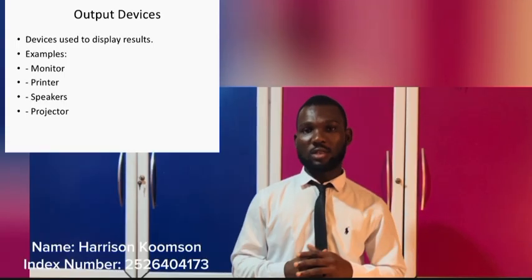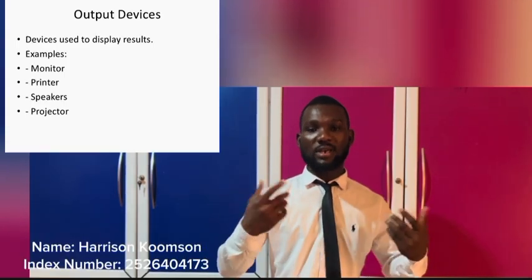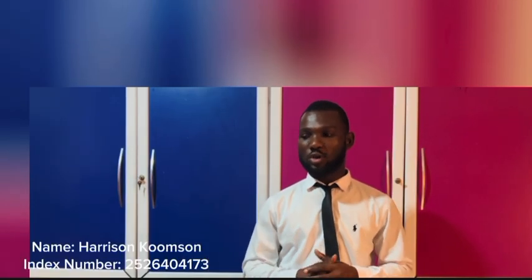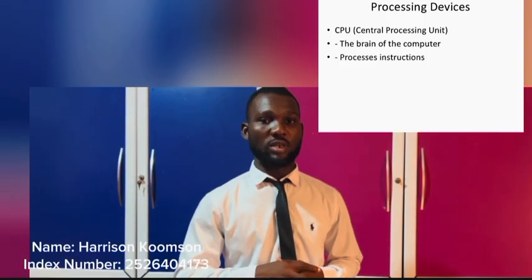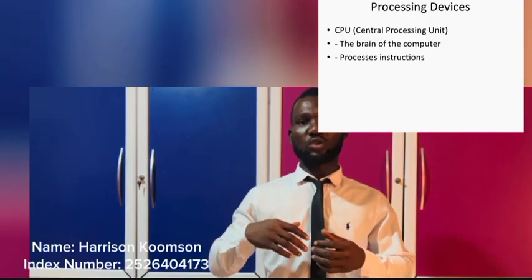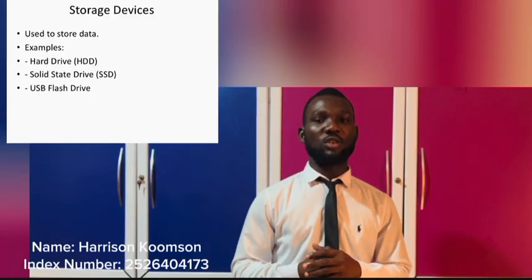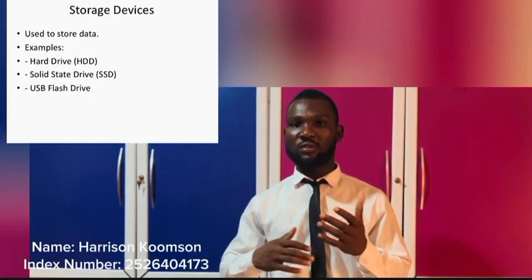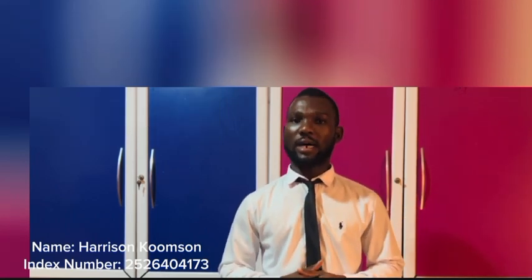We also have the output hardware, which includes the speaker and other devices too. We also have the processing hardware, which includes the CPU. And we also have the storage hardware, which includes the SSD, the hard drives, the flash drives. These are all storage hardware.